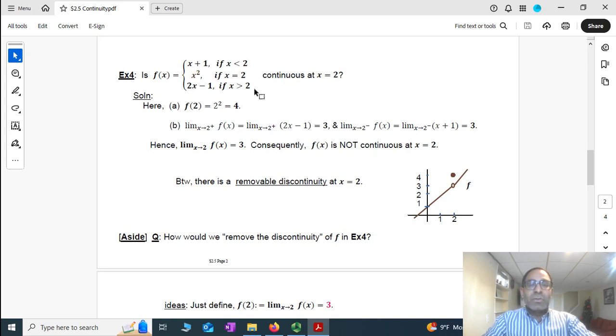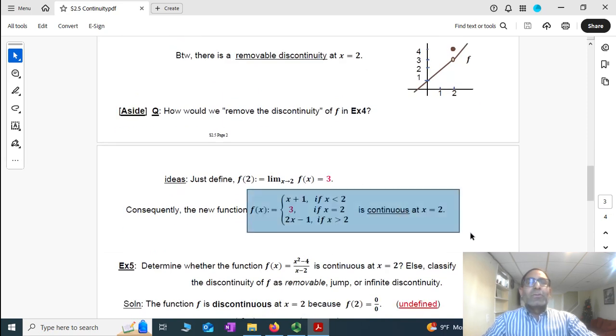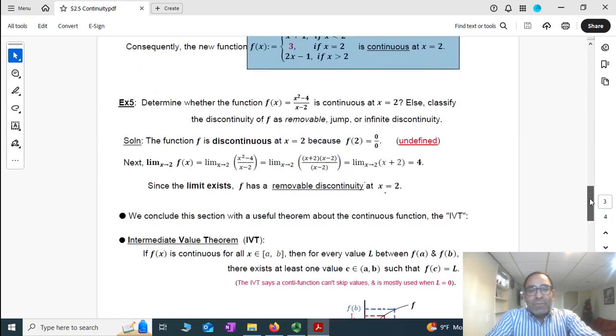When x is greater than 2, f is 2x minus 1. Then this newly defined function is continuous at x equals 2. Good. So that means if we have a removable discontinuity, then we can remove that discontinuity just by redefining our function and assigning the limiting value as the function value. Great. Let me continue. Let me scroll down here.